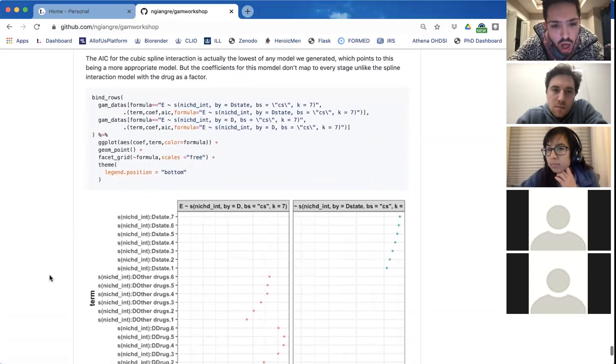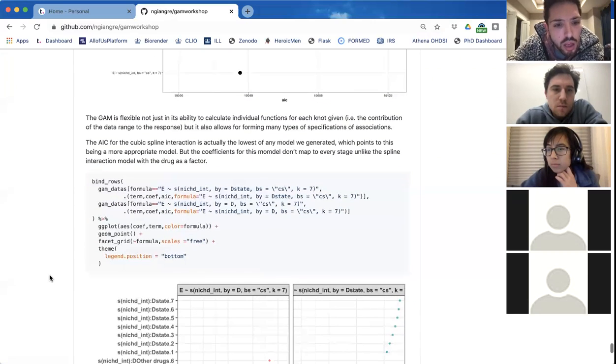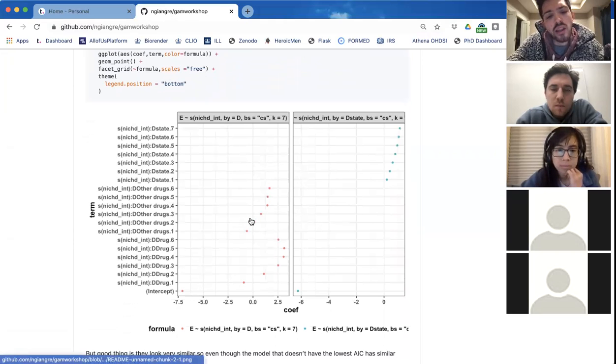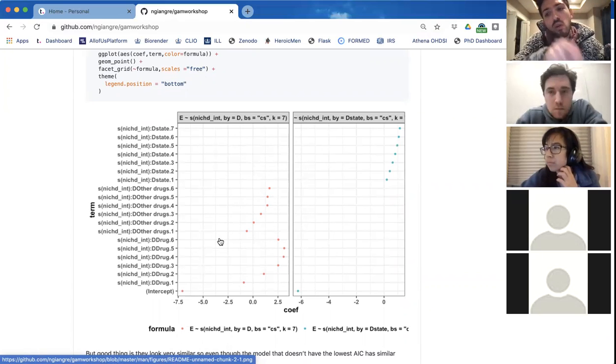This just shows that it's better to include the interaction of the stages with the drug and the stages without the drug in the same model.